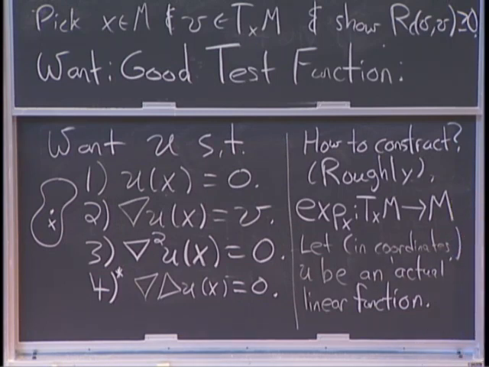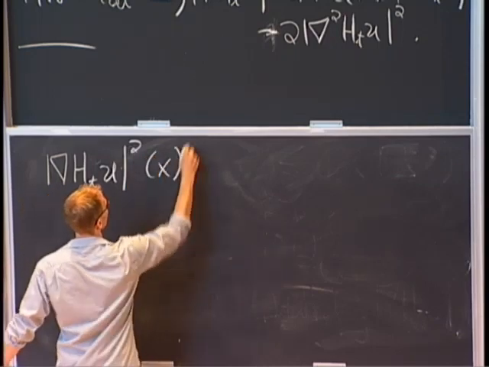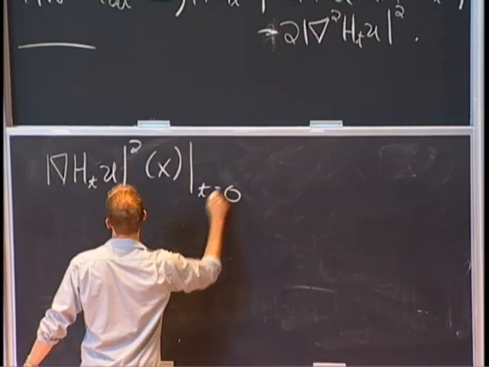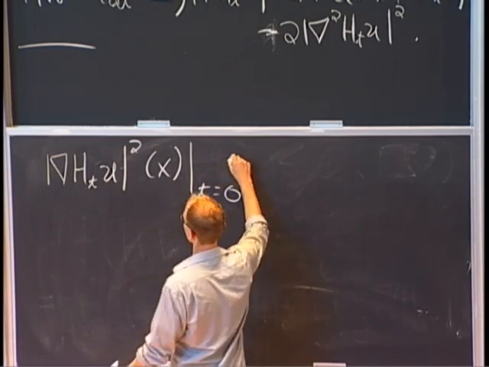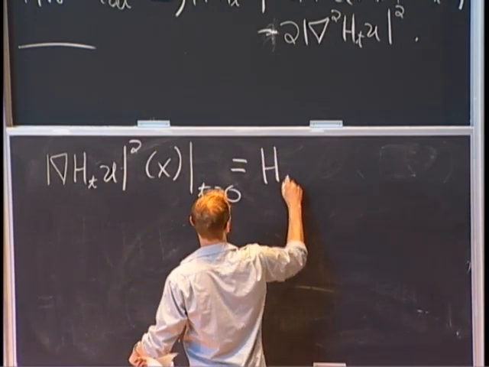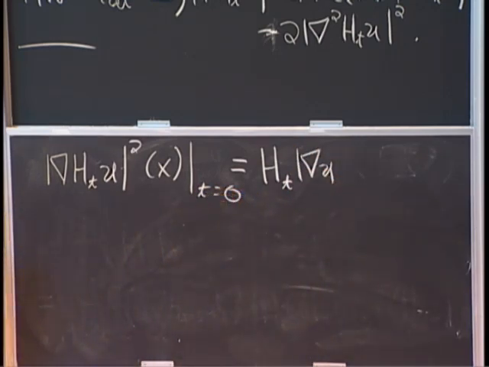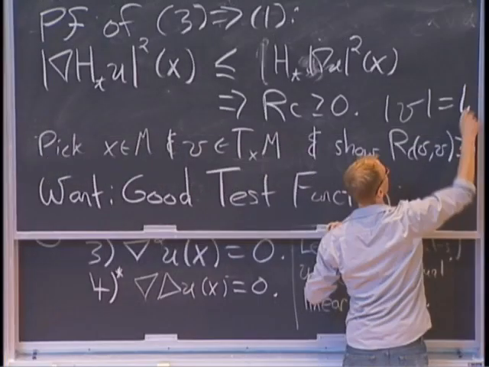So note first that with our u fixed, at t equals 0, the value of this thing, just for the sake of argument, say the norm of v is 1.